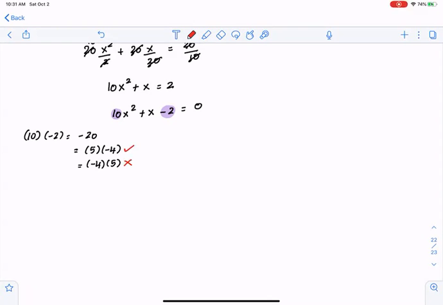I can get rid of the other. So I could write 10x squared plus x minus 2 as 10x squared plus 5x minus 4x minus 2.